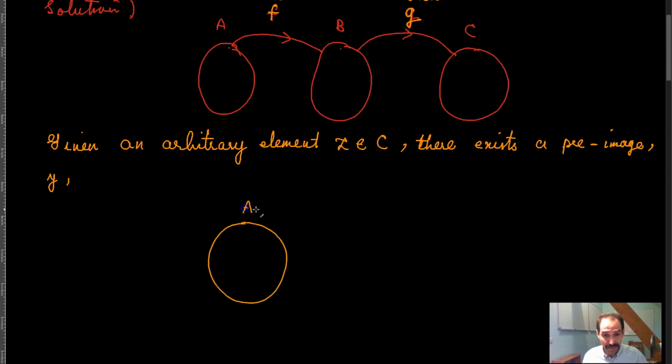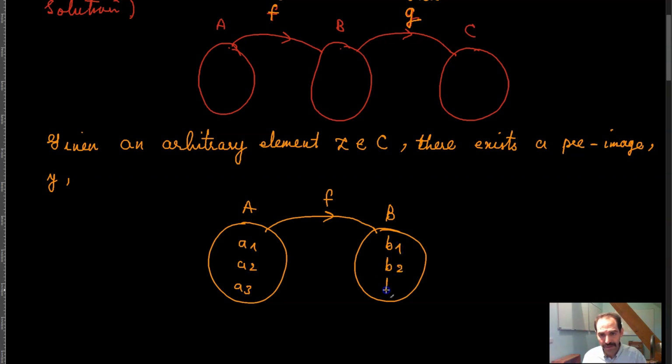Basically, if I have two sets here, A and B, and there is a function on these two sets, meaning that there is an f going from A to B. Now, suppose that the rule of the function is that, for example, with A1, A2, and A3, and B1, B2, and B3, A1 is mapped to B1, A2 is mapped to B2, and A3 is mapped to B3.